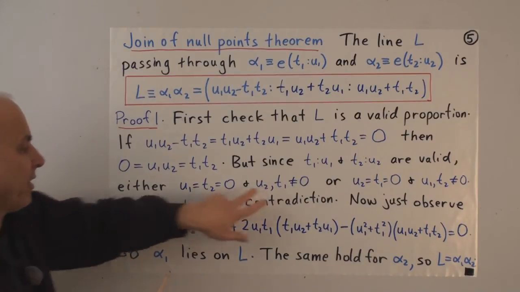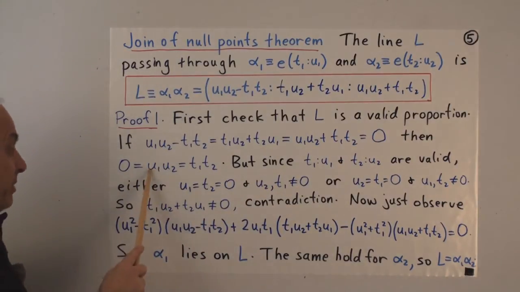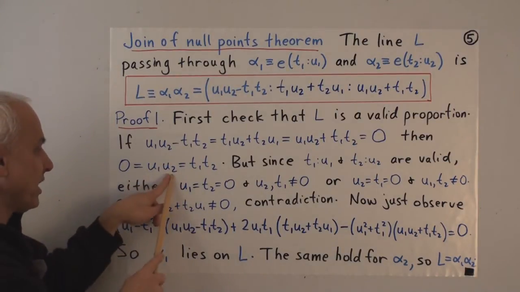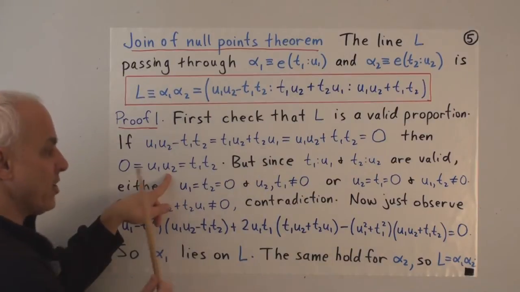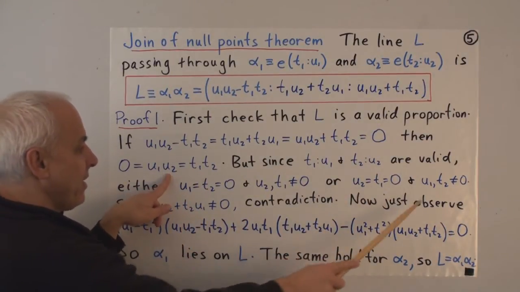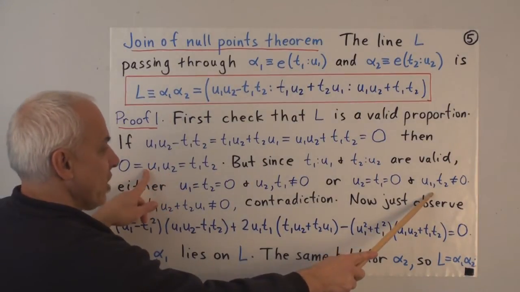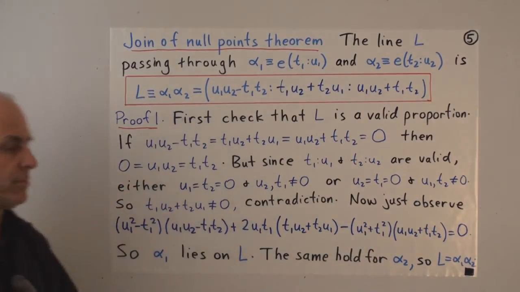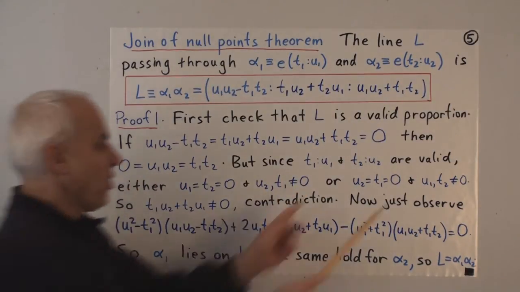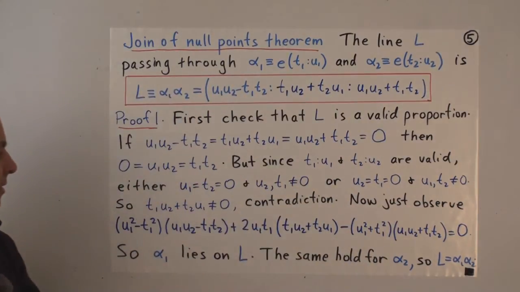So that's one possibility. The other possibility is that u2 is 0. If u2 is 0, then t2 cannot be 0, so t1 must be 0. And then it must also follow that u1 is not 0 and t2 is not 0. So either this combination holds or this combination holds.